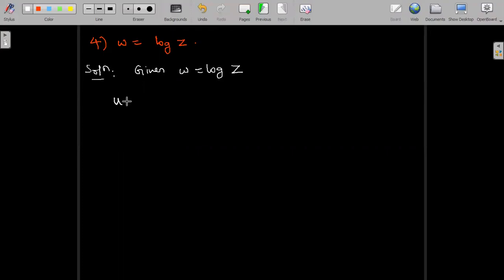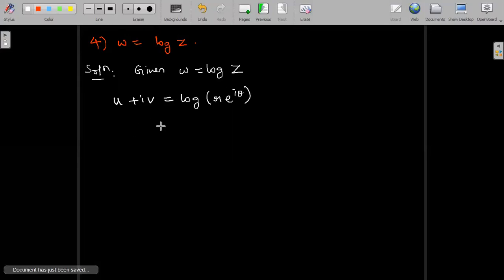So we substitute w as u plus iv, and we have log of r e power i theta. So that it is now of the form log of a into b. So log of a into b can be written as log a plus log b, where b is e power i theta. Now the second term, when we observe, again is of the form log m power n.